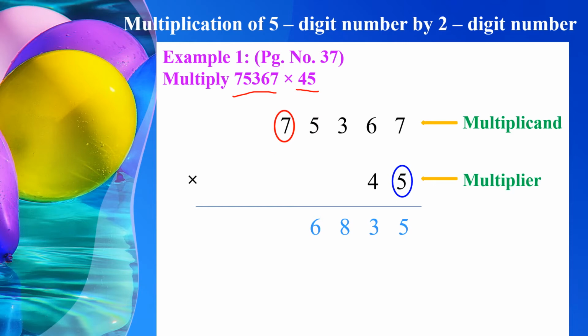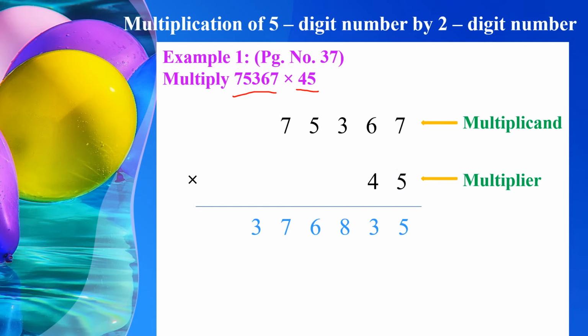So 5 into 7, which is equal to 35. 35 plus 2, which is equal to 37. Since this is the last number, we can write 37 as it is. So now we have multiplied the ones digit in the multiplier with all the digits in the multiplicand.